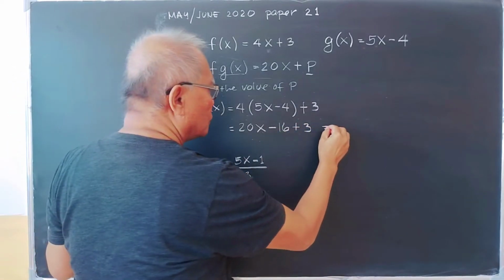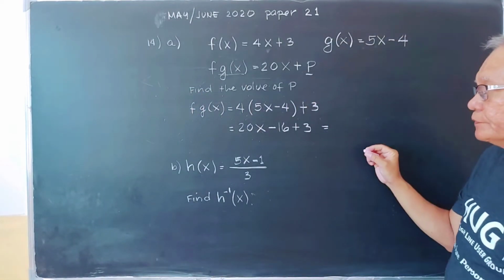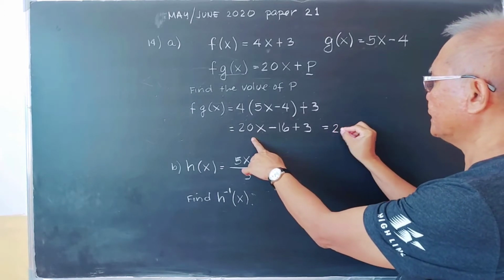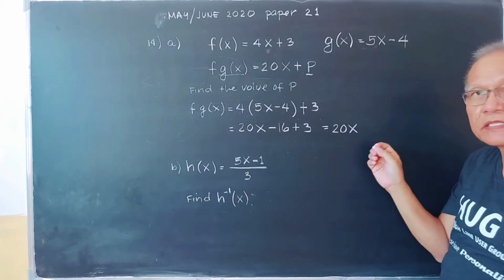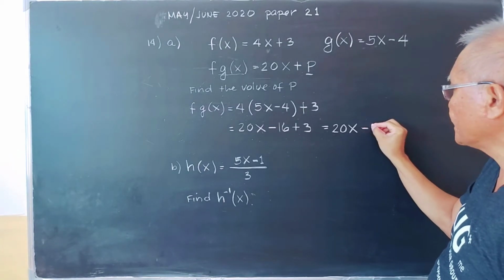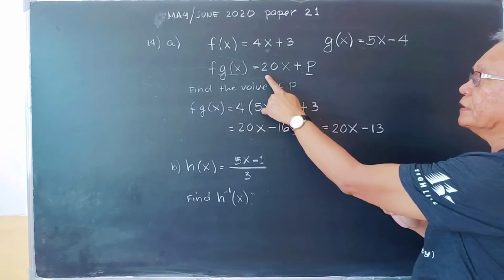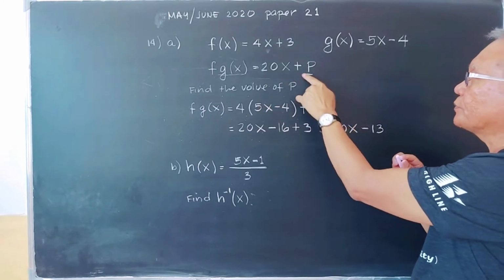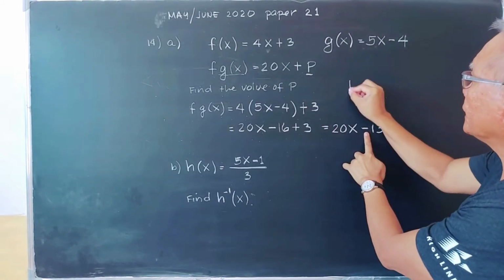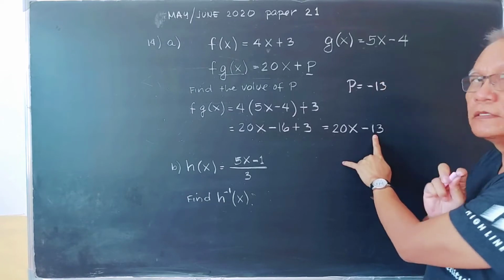Now, when we combine them, we have 20x, and minus 16 plus 3 is minus 13. So here we have 20x and 20x. What is our p? Our p is negative 13.